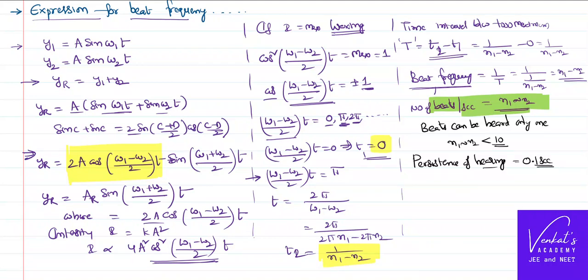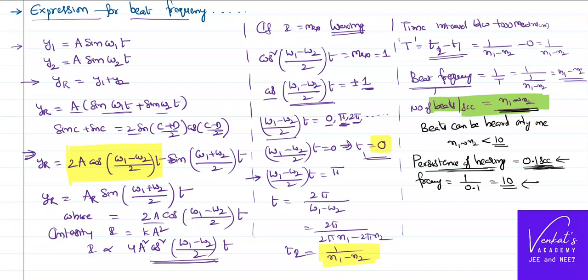That's the time interval. So the frequency, the reciprocal of the persistence of hearing, is 1 by 0.1, that is equal to 10. Means what? If the difference between the frequencies becomes more than 10, the beats will reach our ear at an interval less than 0.1 second, and you won't be able to understand them.